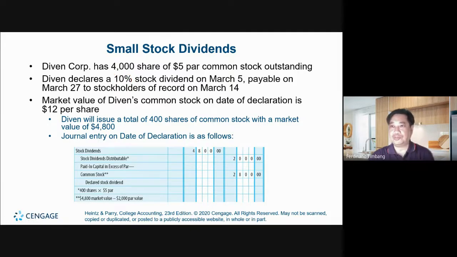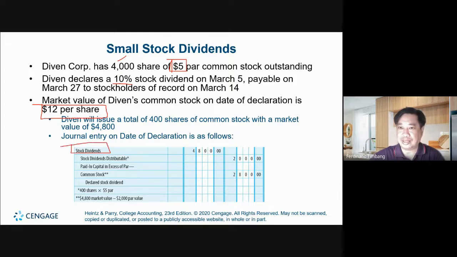So if it is 30%, then 30% times 4,000 is 1,200. But this time, you will only multiply that by 5. You're not going to use the $12 per share, which is the market value, because it is a large stock dividend. Again, if it is more than 20 to 25%, then that is to be multiplied by 5. So that is the stock dividends here.